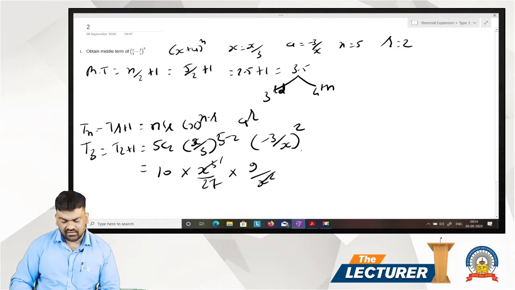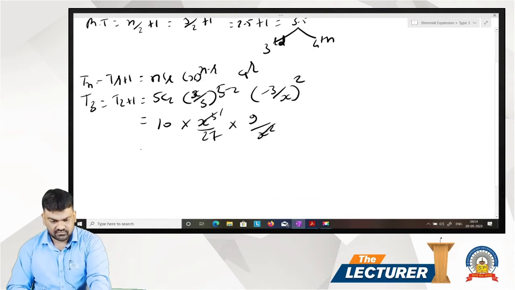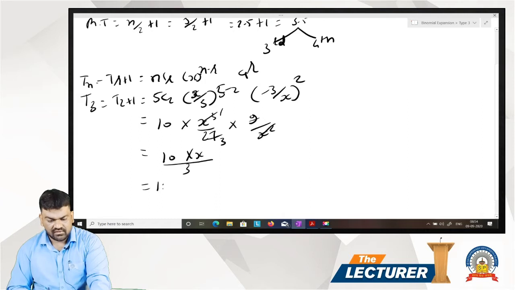Square cube cancel એટલે એક ઘાત વધશે. 10 multiplied by x, 9 3s are 27 divided by 3. 10x divided by 3.